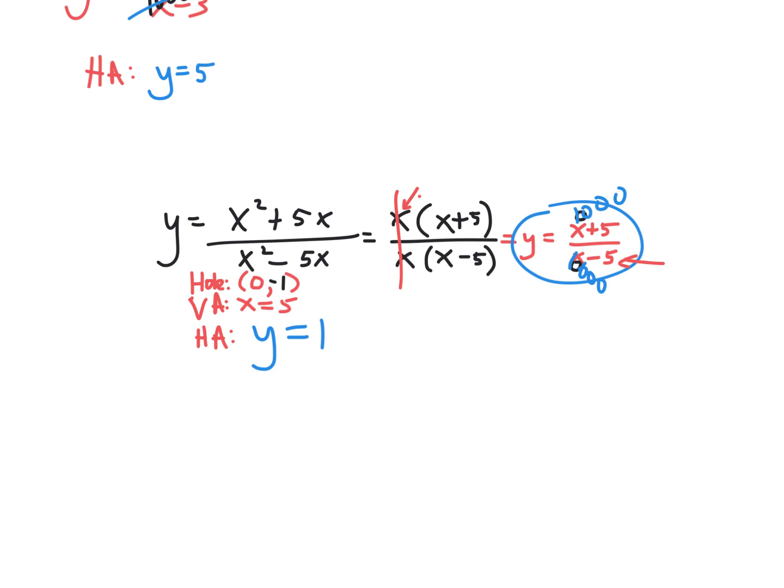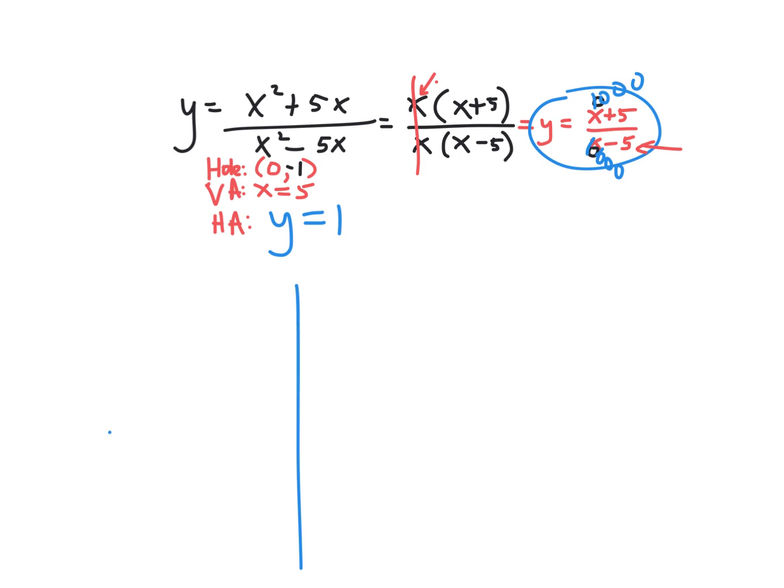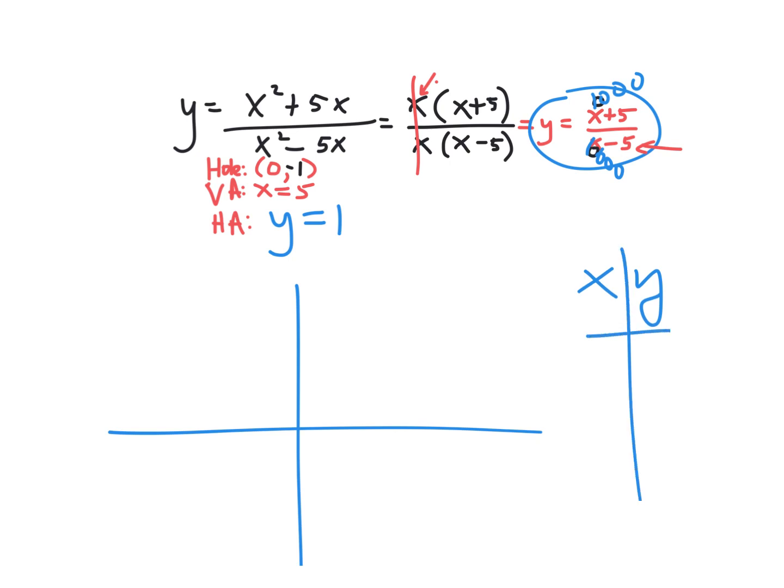Cool. Then the only other thing you had to do on the test was graph those. So make a sketch where the x asymptote is and the y asymptote, and make a hole there. And then you find a few points around the x asymptote.